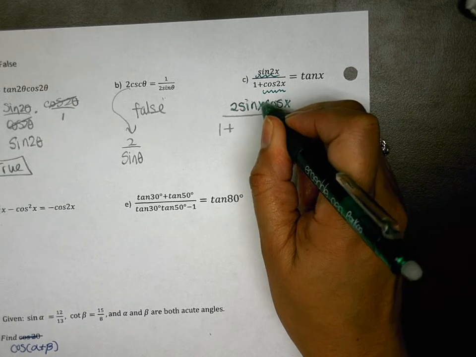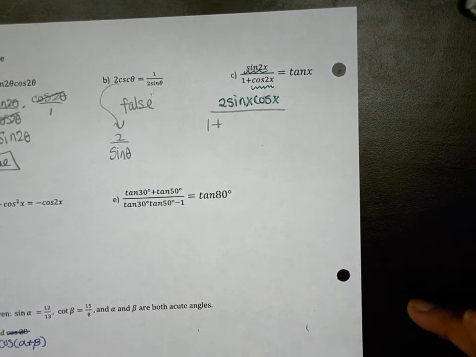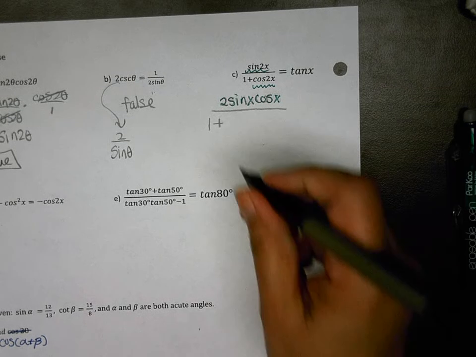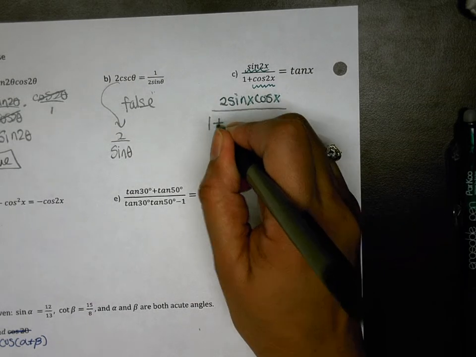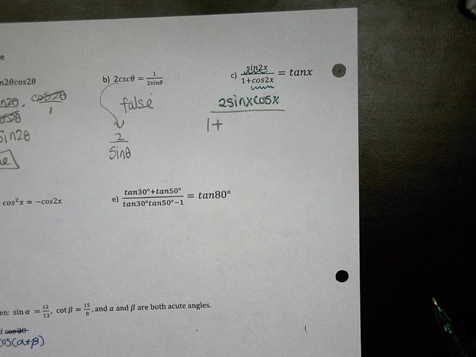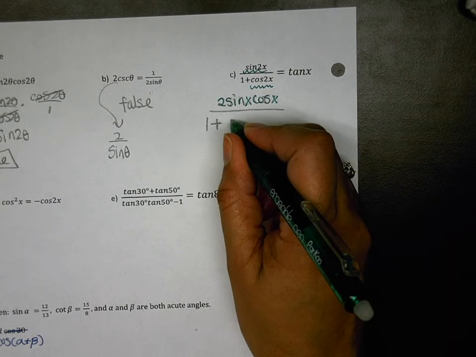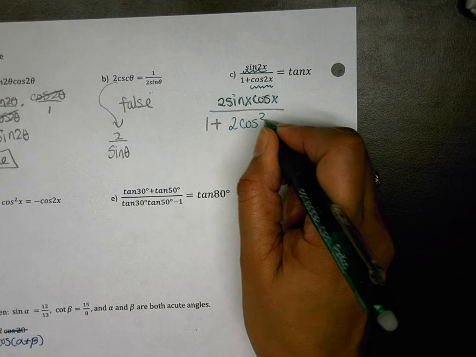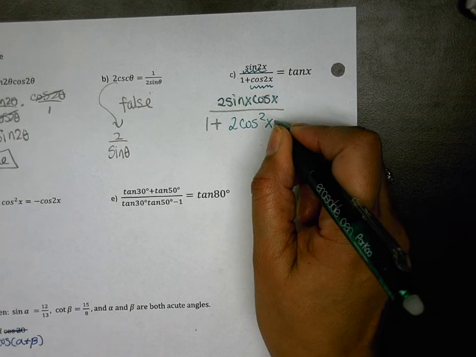Okay, do you guys agree? Now, here's the deal. Do I have 3 choices for the cosine 2x? Yes? Here's the one that I picked, and I'm going to explain why.